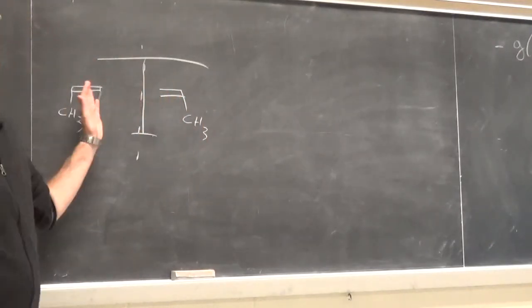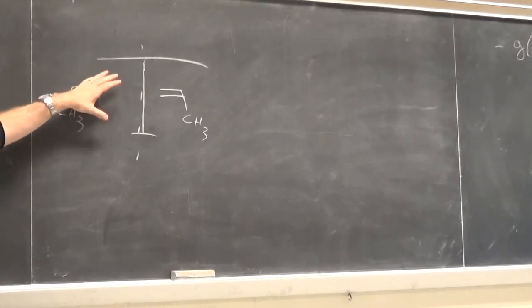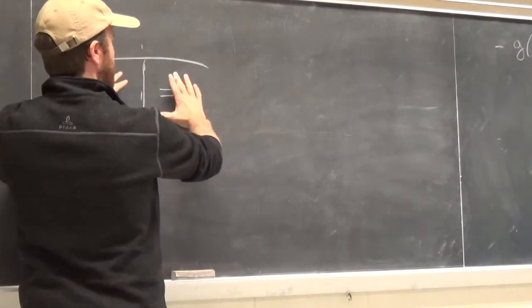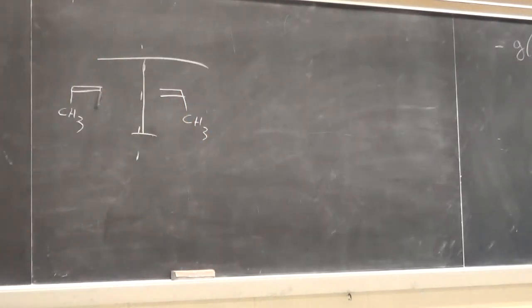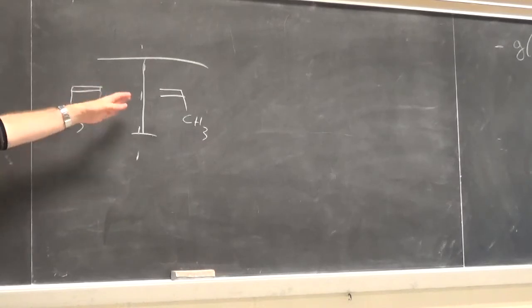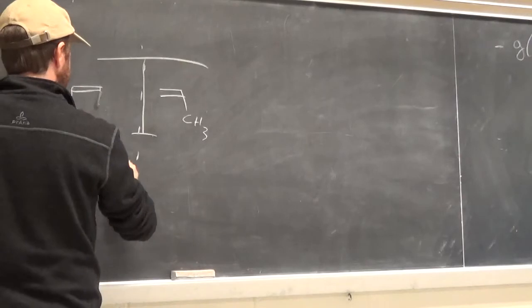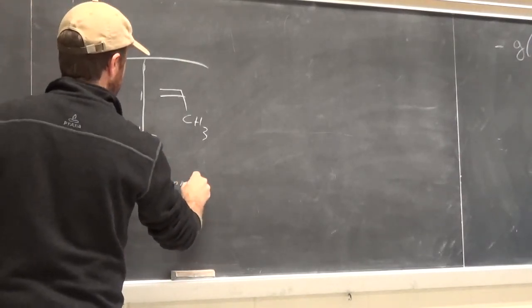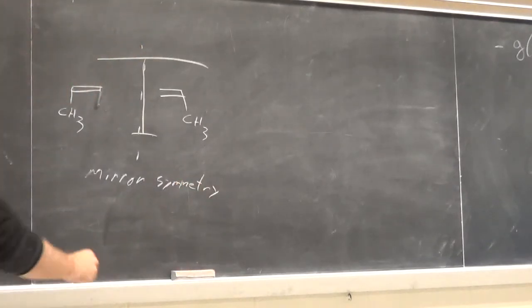Here we have mirror symmetry, and the way these catalysts work is that monomer is going to approach here and coordinate, and then that frees up a spot on this side, so the next monomer will approach here. They approach from alternate sides to add to the growing chain. And so if we have mirror symmetry, that's alternating stereochemistry.